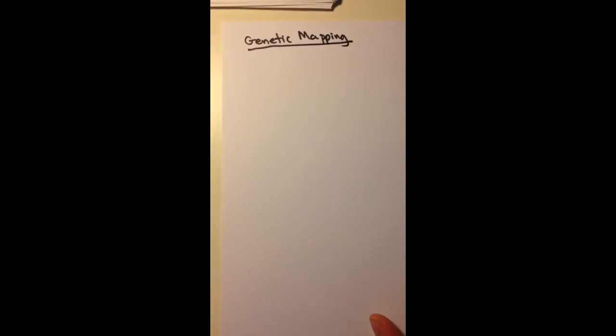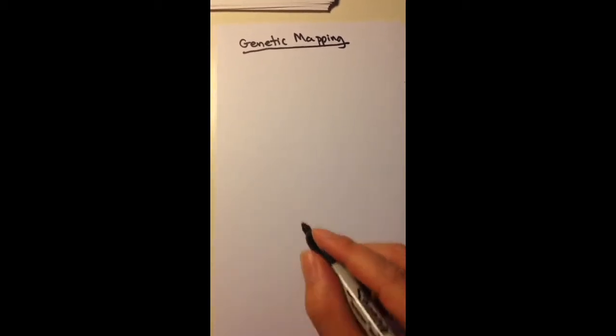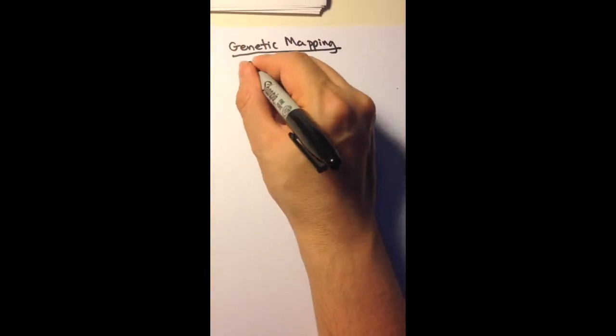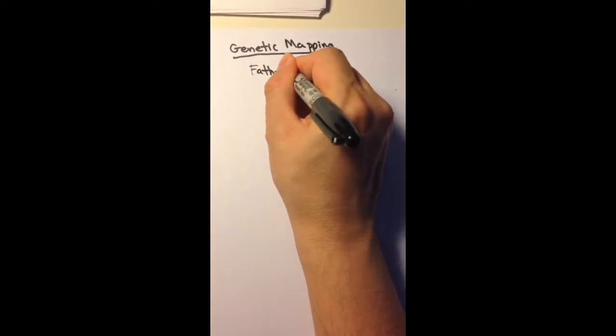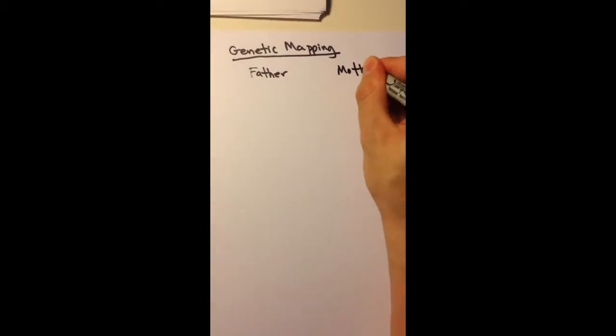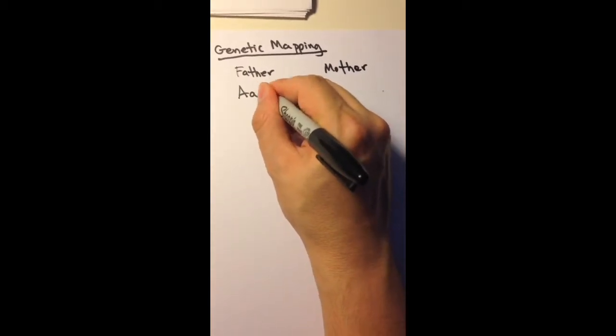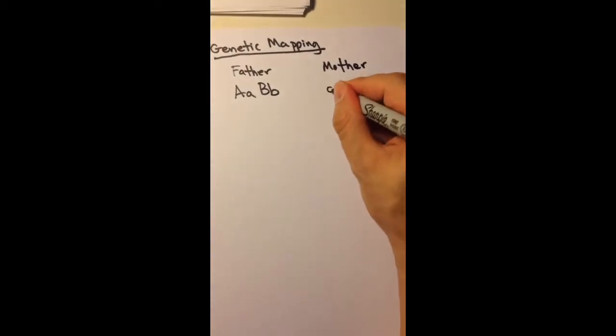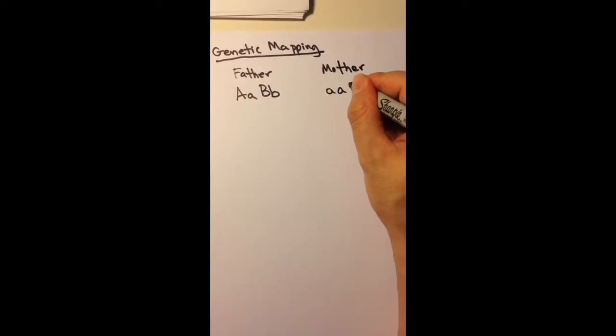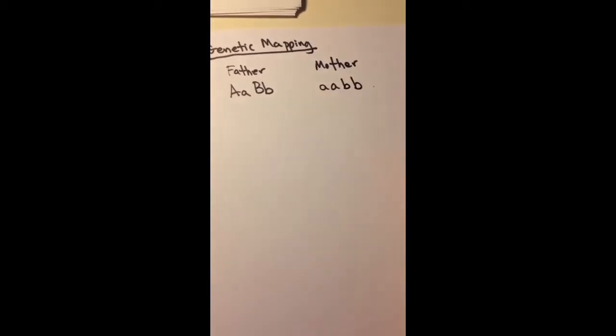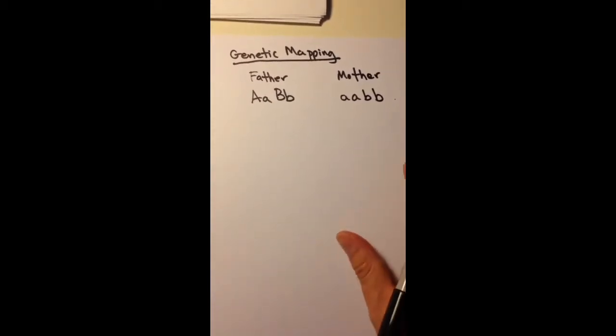So let me go back to the standard Mendelian genetics and put this into perspective. Let's say you have a father and a mother. Let's say the father is heterozygous for two genes and the mother is homozygous for two alleles.